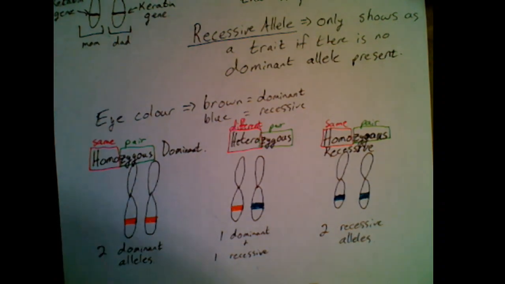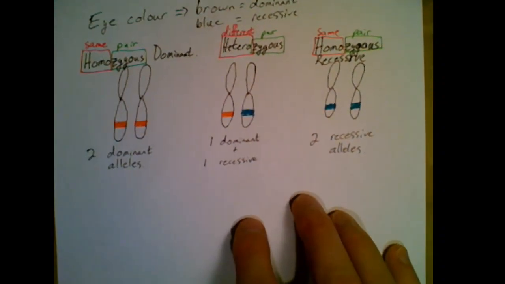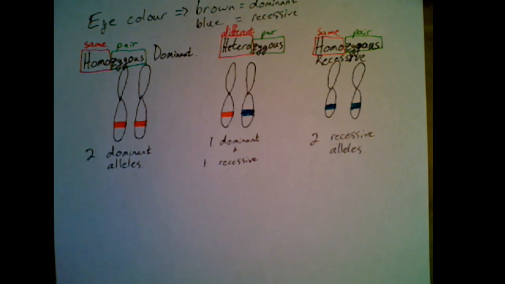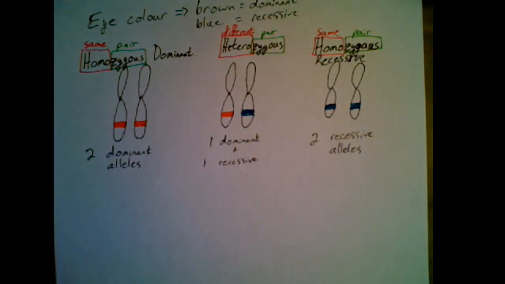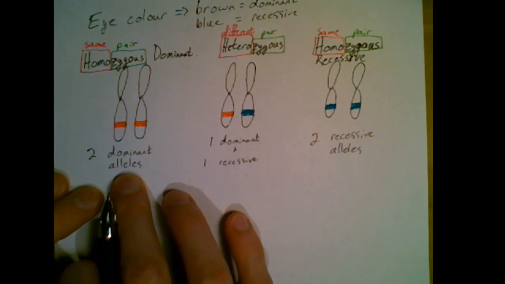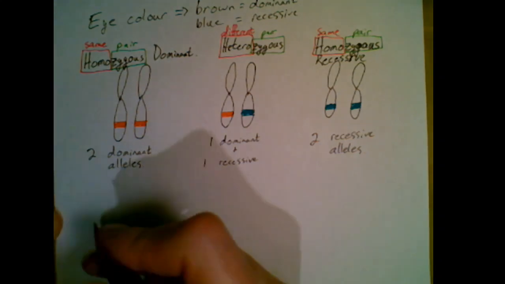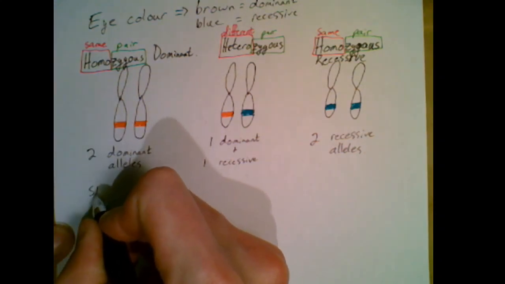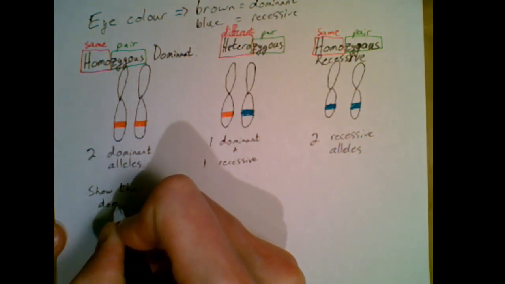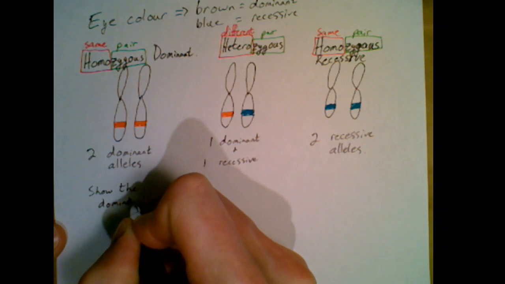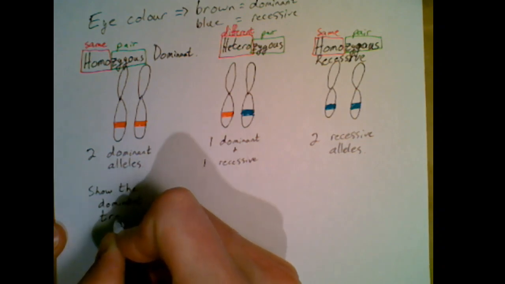So now let's think about this for a second. We know the names of these different things. We know what alleles they actually have, but what would they actually look like? Well, this person here has two dominant alleles, so they are going to show the dominant trait.